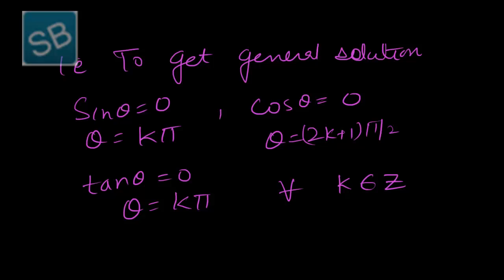We can also maintain the general value when a is equal to 1. These are also the zeros of sin theta, cos theta and tan theta. So this is all about the general solution of trigonometric functions. Now till now we found the general solution when a is equal to 0.